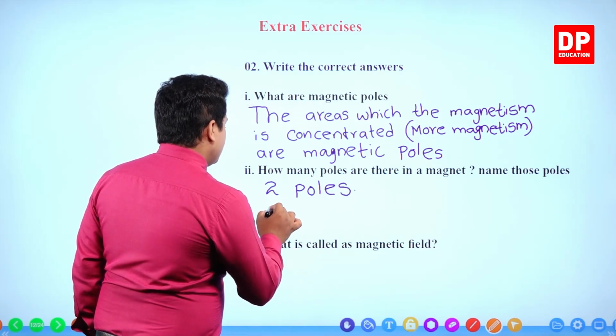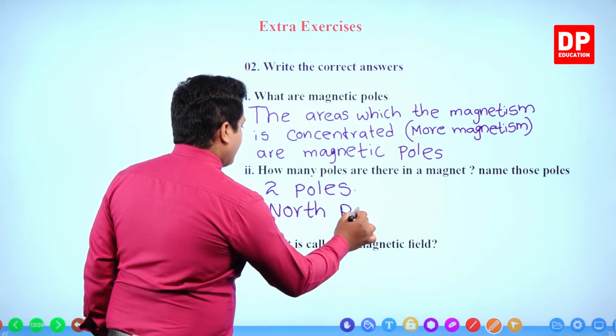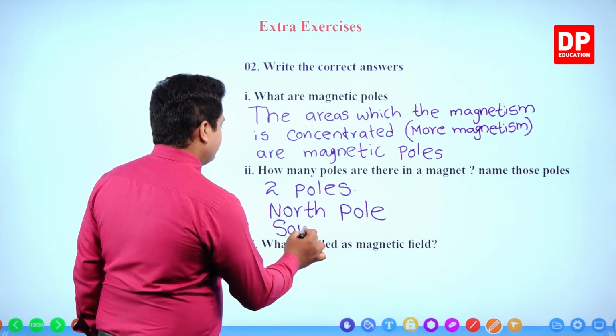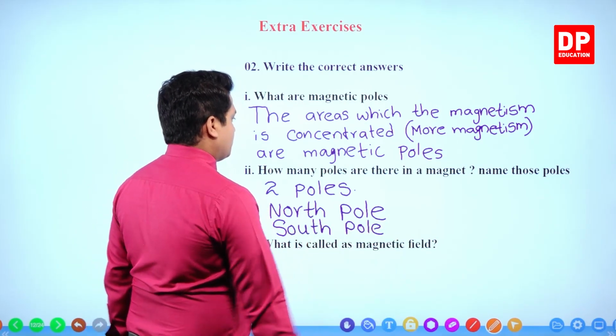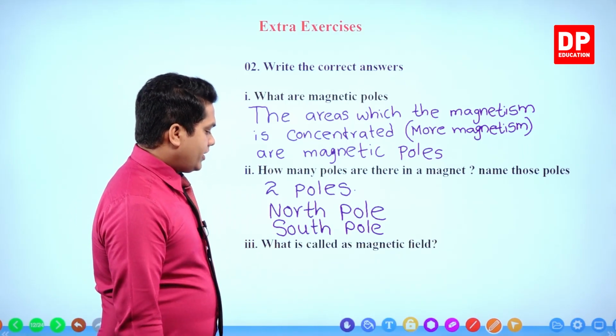Then what are those two poles? North pole and the second one is south pole. North pole and the south pole. These are the two poles, right? Okay.